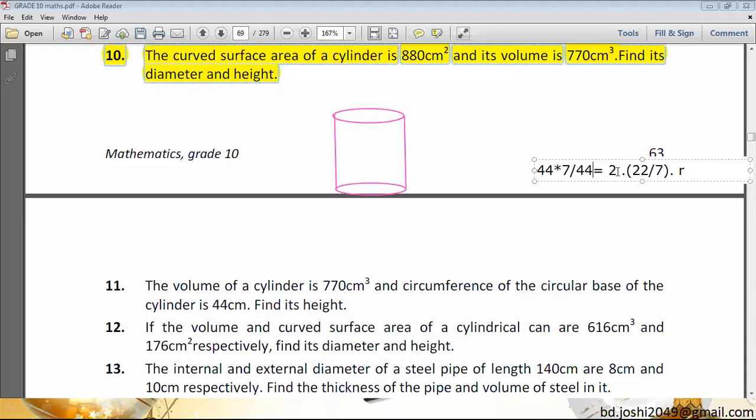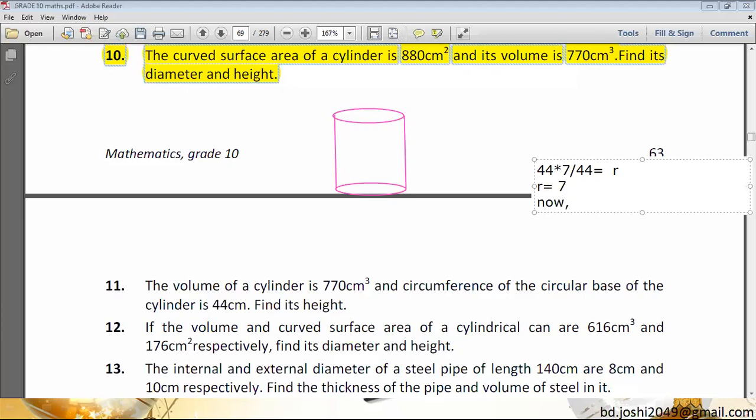While taking to the left side we have to divide it and 7 is multiplied here and the remaining value here is r only. So what is the value of r? After this 44 cancelled, r is equal to 7, isn't it? We got radius is equal to 7.